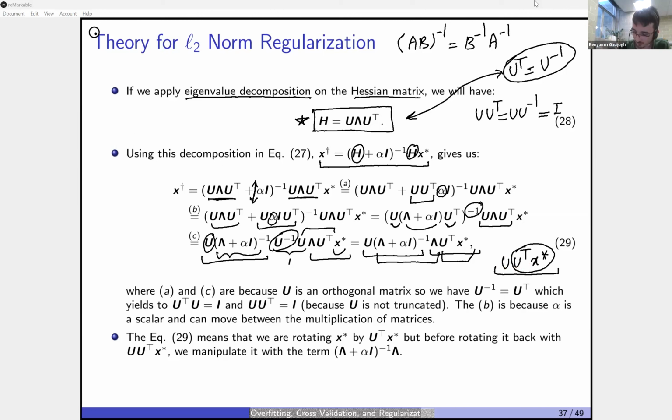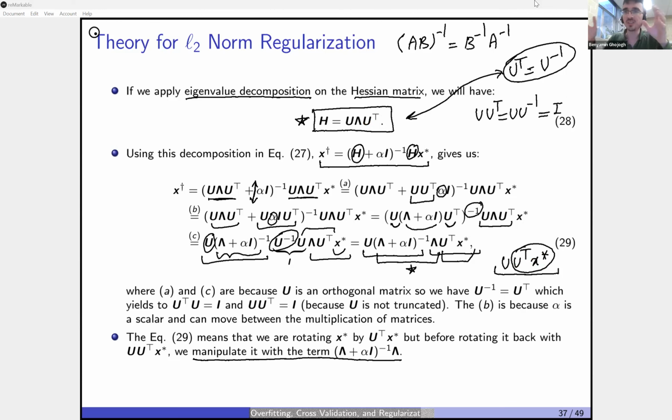Okay. However, we have a pain in the neck term here: lambda plus alpha I inverse lambda. That means that before reconstruction, it is being manipulated by some term. So we project it onto the column space, we manipulate it, and then we reconstruct. You should also note that as we are not truncating the columns of U, this projection is not a projection onto a subspace.